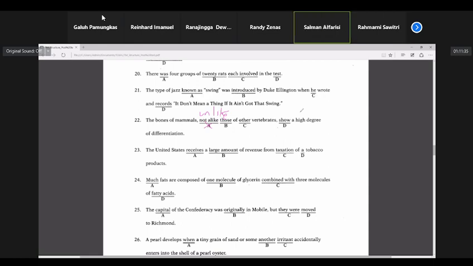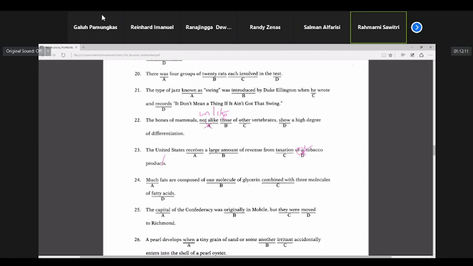The United States receives a large amount of revenue from taxation of tobacco products. The incorrect one is D. Why D? Because here we have "a tobacco product," but then here we have "products," plural. So which one is the correct one, singular or plural? Well, "products" is not underlined, which means it is the right word. So what we have to omit is the "a." So: taxation of tobacco products.